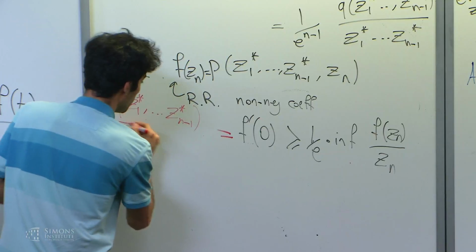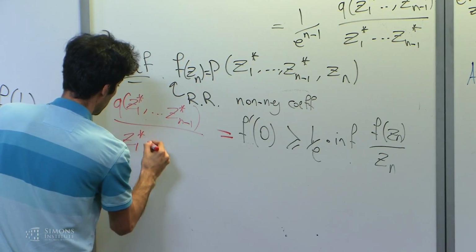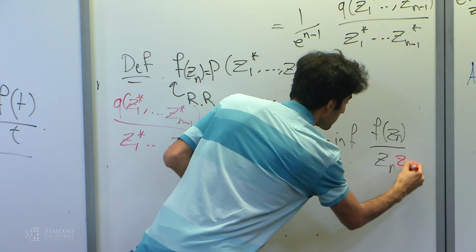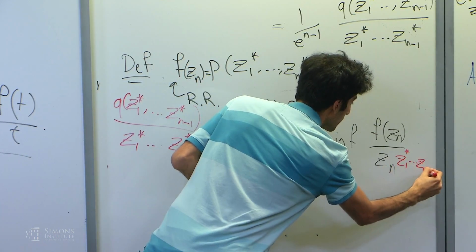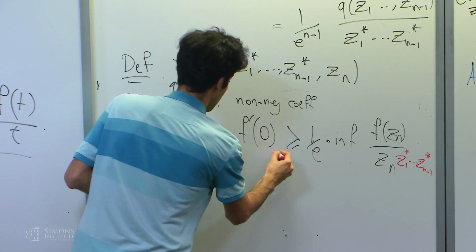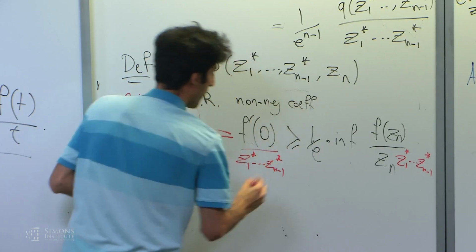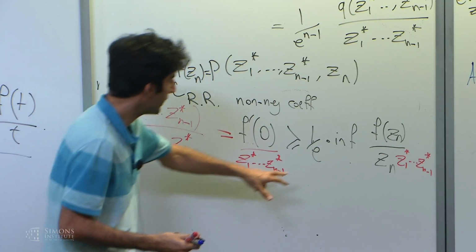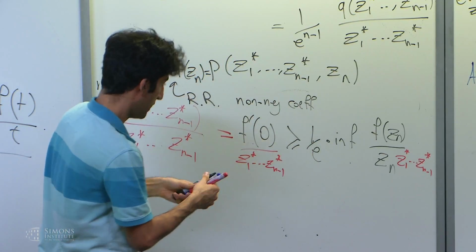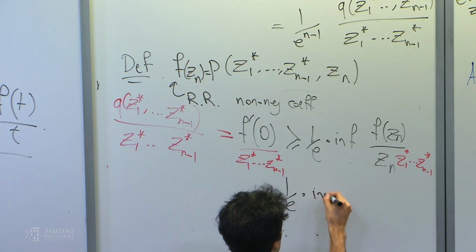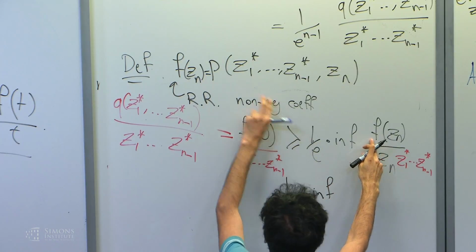Now we're almost done. Now divide both sides by Z1 star up to Z(n-1) star. Then this is equal to 1 over e times the infimum of, now I replace f with P, right?